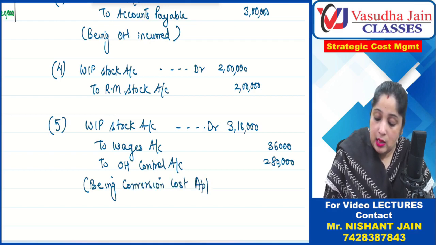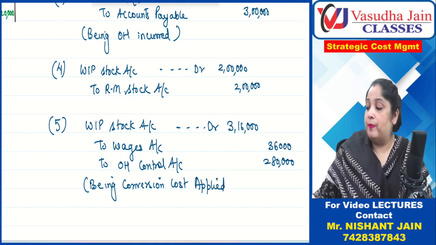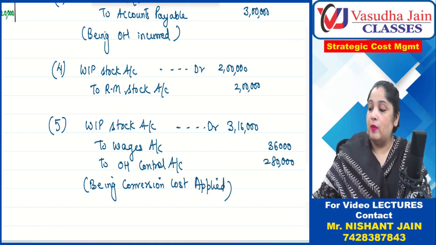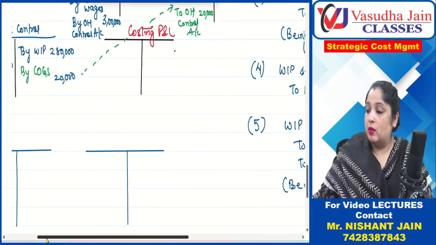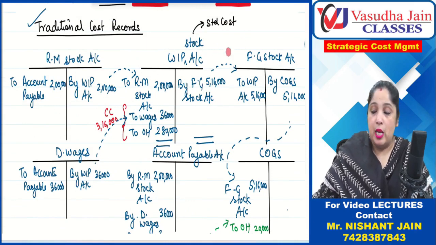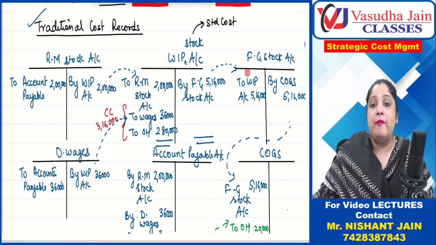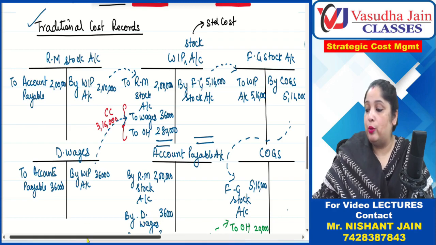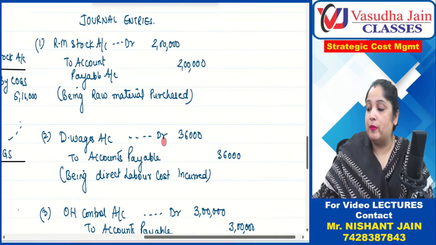Then this work in progress, please observe here. Whatever work in progress was prepared was transferred to finished goods. So work in progress account will be credited and finished goods account will be debited. The same I am going to do by 5,16,000, right?